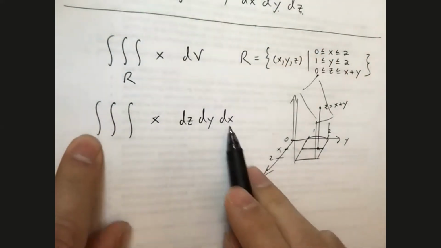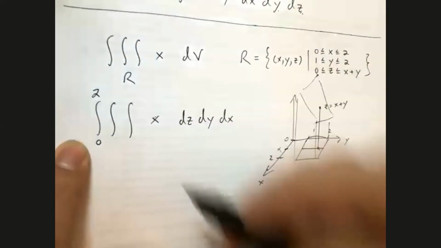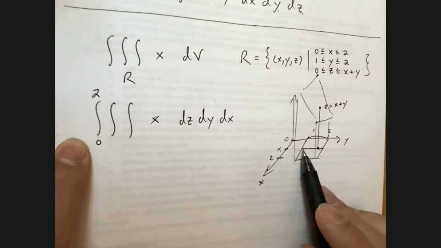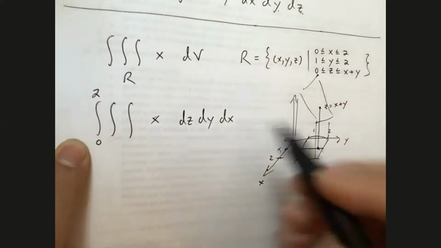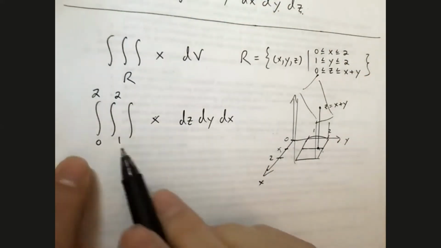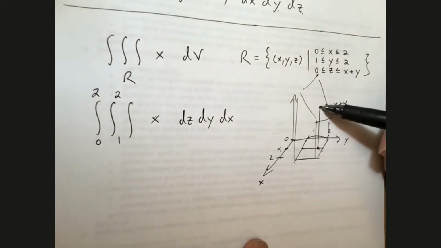The x's were ranging between 0 and 2. So the outermost integral is going to have 0 to 2. Now for each one of those x's, y is going from 1 to 2. And then once I've specified x and y, I know that z is going from 0 up to x plus y.